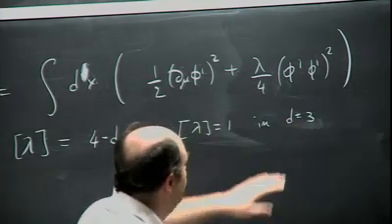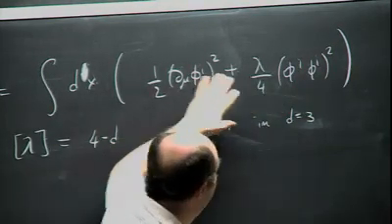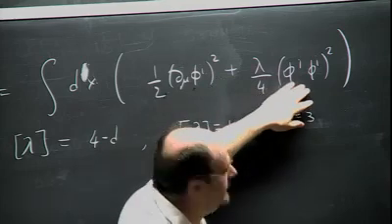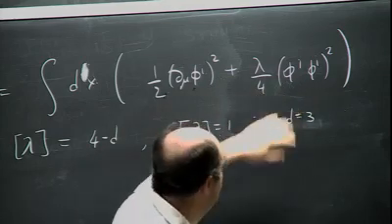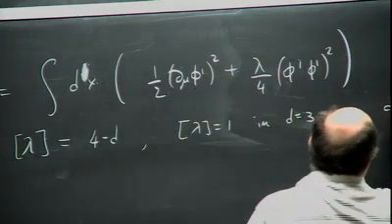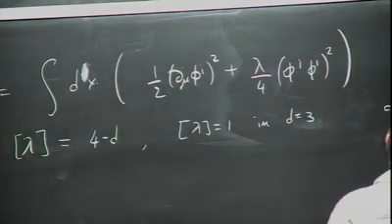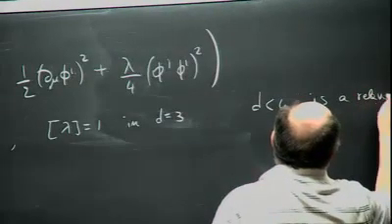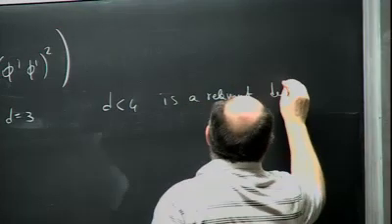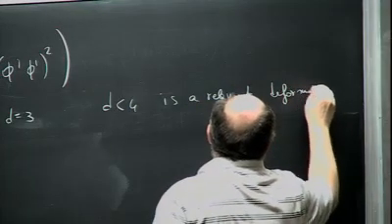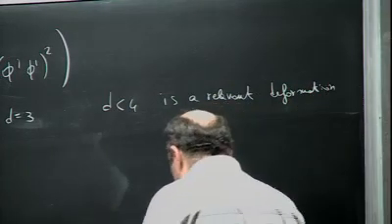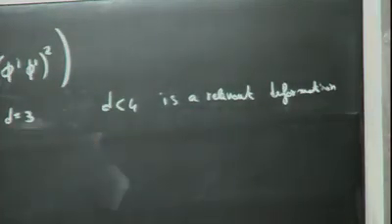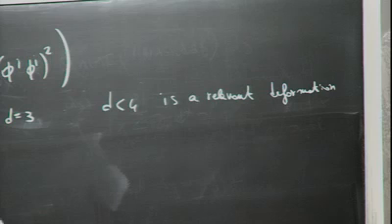So this deformation of this free conformal field theory is a relevant deformation in dimension less than 4. Okay, so in d less than 4, this is a relevant deformation. And as it's well known, this relevant deformation triggers some RG flow from the free theory in the UV to some non-trivial interacting theory in the IR.